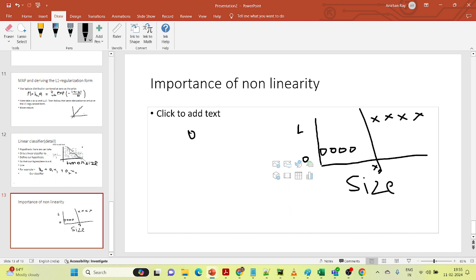Suppose our hypothesis, our classifier, is h = theta 0 plus theta 1 x, where x is the size of the tumor. And you can understand it like, when this value is greater than or equal to... no, 1 minute.